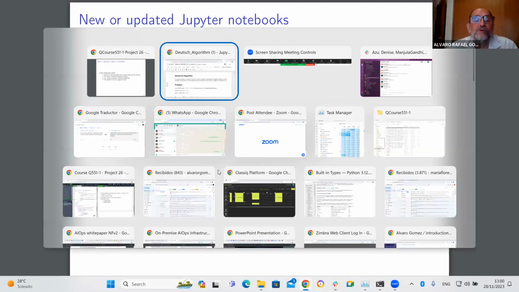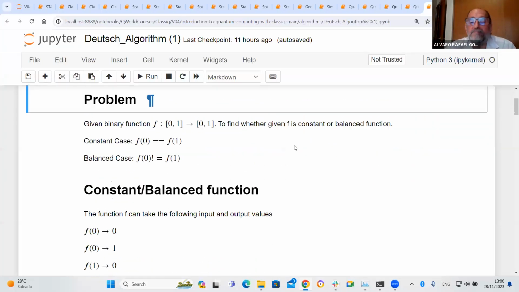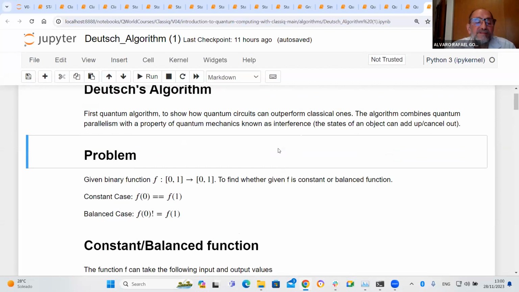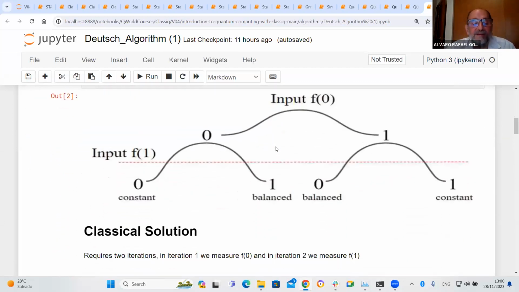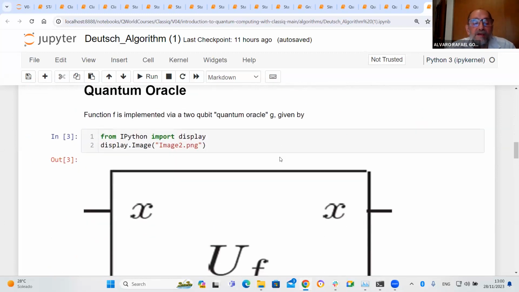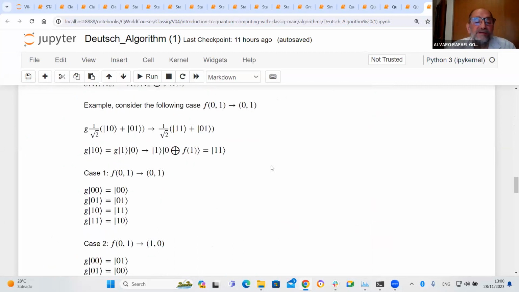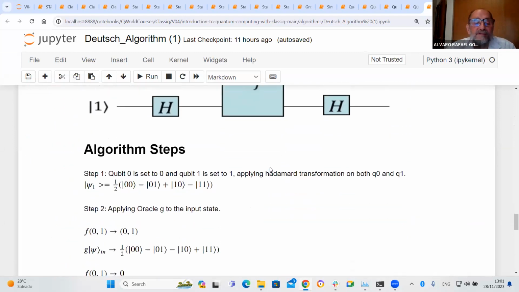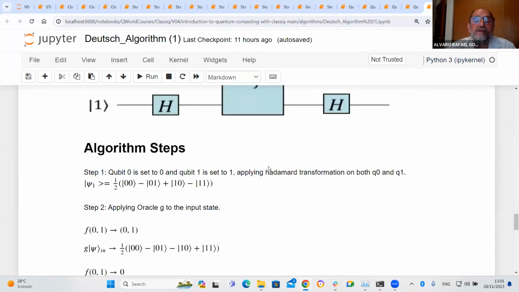This is Deutsch. Mancula did this notebook, a theoretical introduction. The next part will be the execution in the Classiq platform, showing the circuits and all the rest.